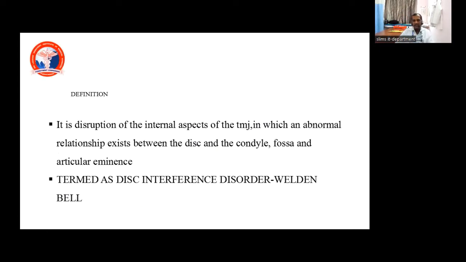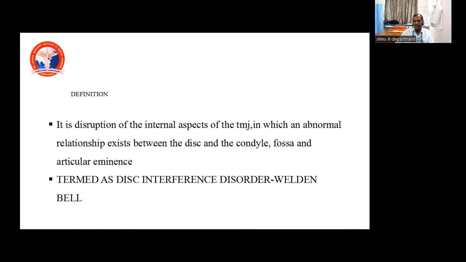The term internal derangement is nothing but the disruption of the internal aspects of the TMJ in which an abnormal relationship exists between the disc and the condyle, fossa, and the articular eminence. Now, the definition part.